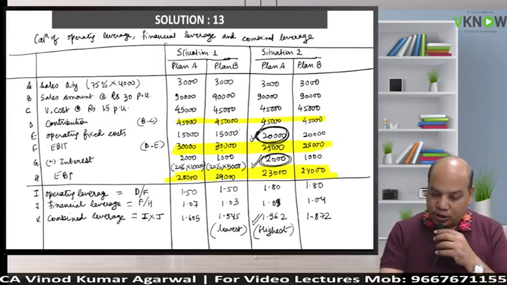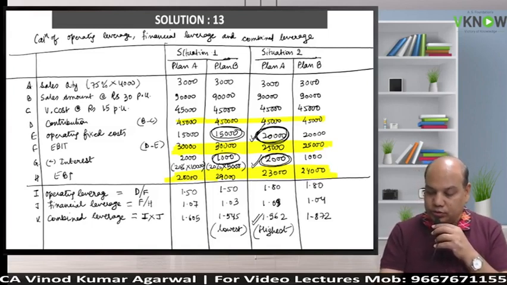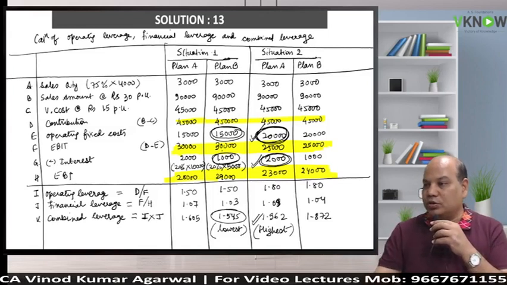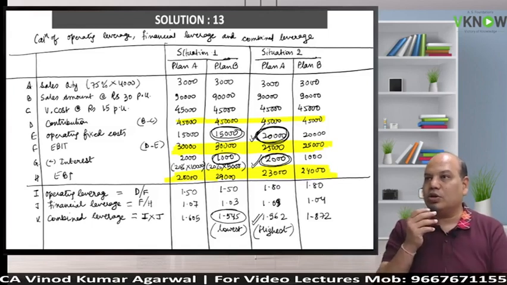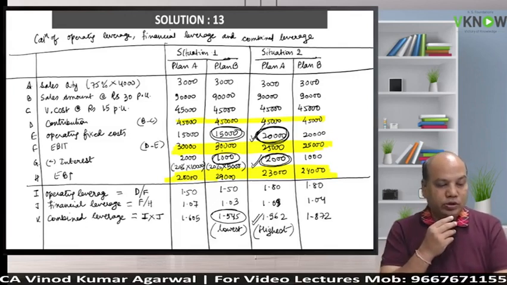Whereas in plan B and situation 1, interest is lower of the two and operating fixed cost is also lower of the two. So if both operating fixed cost and financial fixed cost are on the lower side, combined leverage will also be lower.